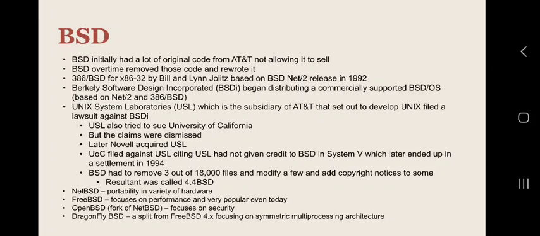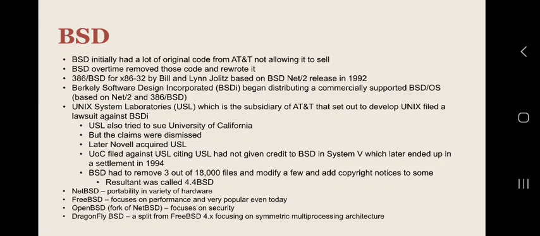So BSD had to remove 3 out of 18,000 files and modify a few and add copyright notices to some. The result was called 4.4BSD, and in various literature you'll have come across this term 4.4BSD, the modified version.